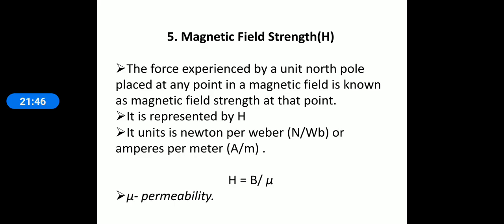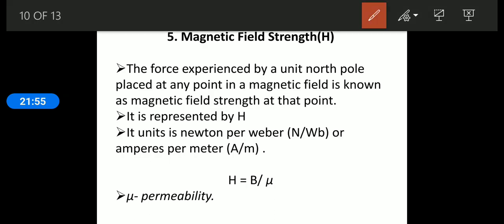The magnetic field strength is represented by H. Its unit is amperes per meter, that is A/m. The magnetic field strength is given mathematically by H equals B by mu. B means magnetic flux density and mu means permeability. That is the magnetic field strength.